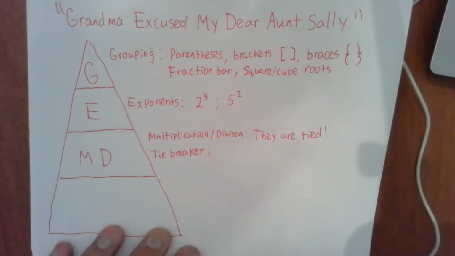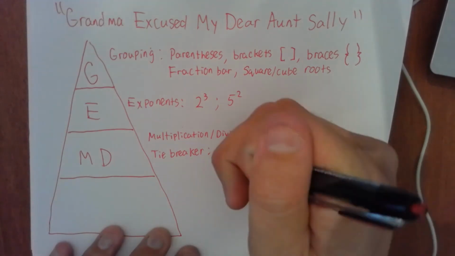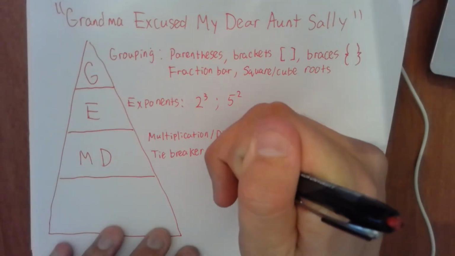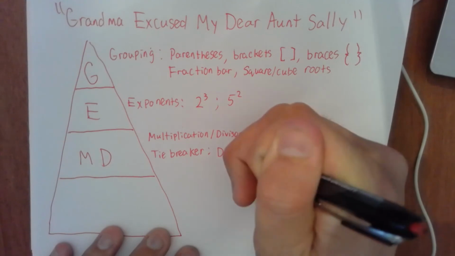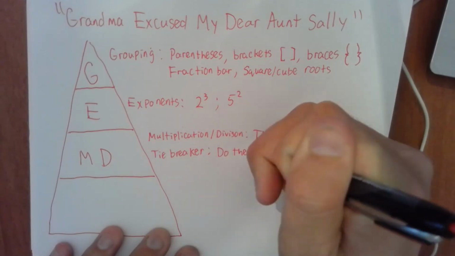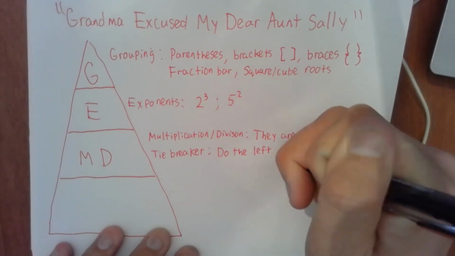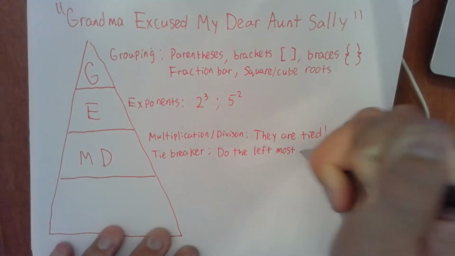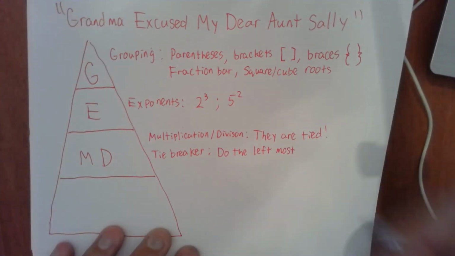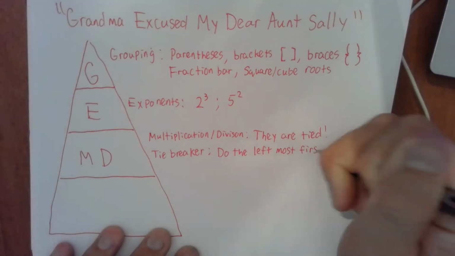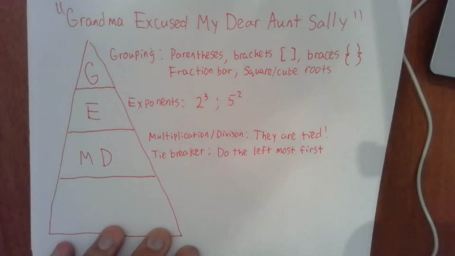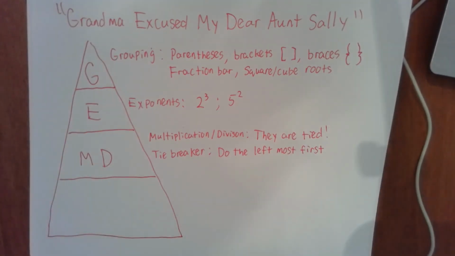It's whichever comes first in the problem. Another way to think about that is do the leftmost first. So if the multiplication is left of the division, you do multiplication first. If division's left of the multiplication, you do division first. Or in simpler terms, like how Abby said, whichever comes first in the problem.